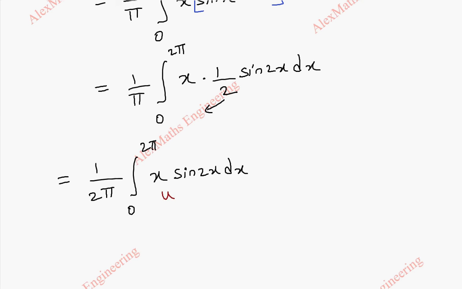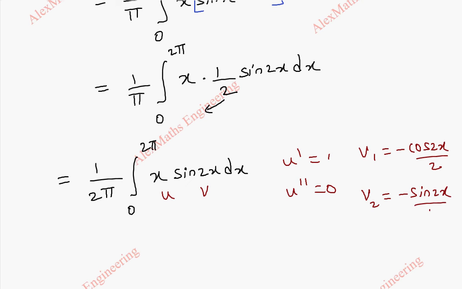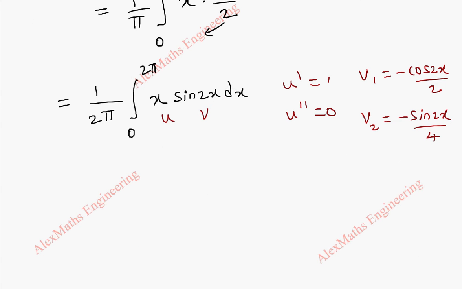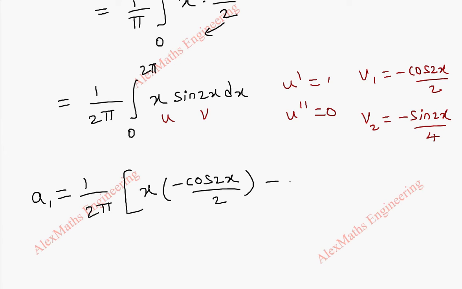So this is u, this is v, and u dash is 1, u double dash is 0, v1 is minus cos 2x by 2, v2 is minus sin 2x by 4. Again, using Bernoulli's formula, we are going to get a1, which is 1 by 2 pi, u into v1, x into minus cos 2x by 2, minus u dash into v2, and the rest of the terms are 0.